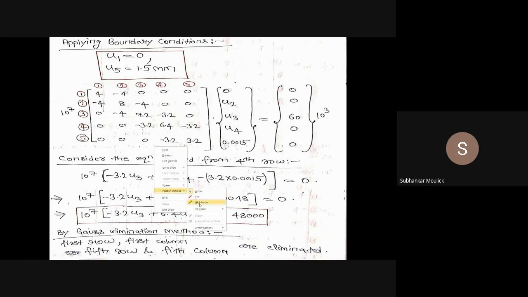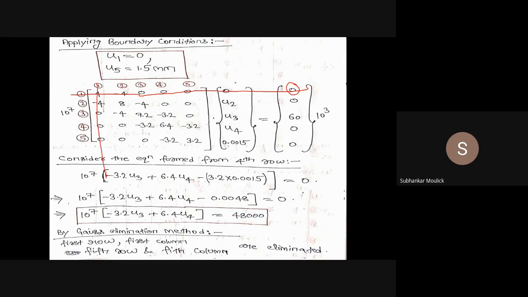So what is the case now? The case is F1 is 0, so I can eliminate the first row and first column, and since F5 is 0, I can eliminate the fifth row and fifth column. This is the Gauss elimination method.